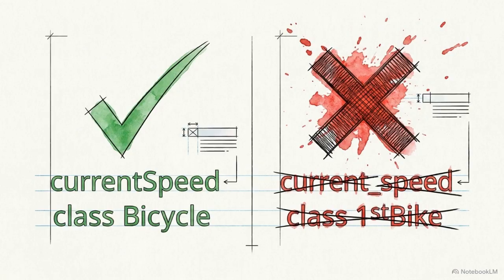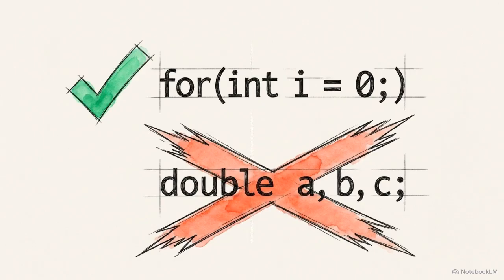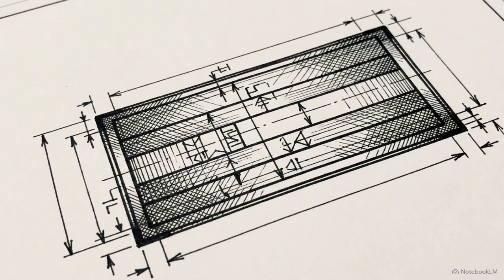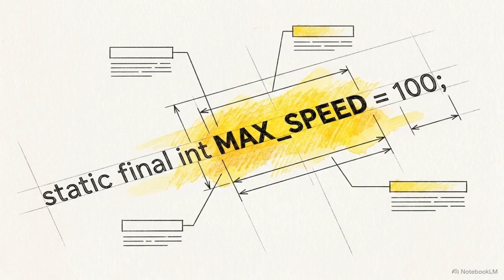Code must be self-documenting. Standard practice requires camel case for variables and methods, Pascal case for classes, and the strict avoidance of cryptic single-letter abbreviations outside of temporary loop counters. The singular exception to this formatting applies to constants. Variables marked with the static and final modifiers are written in all uppercase letters, separated by underscores.